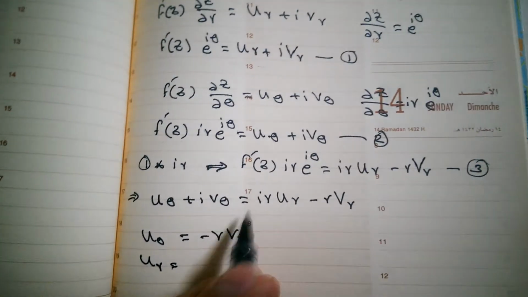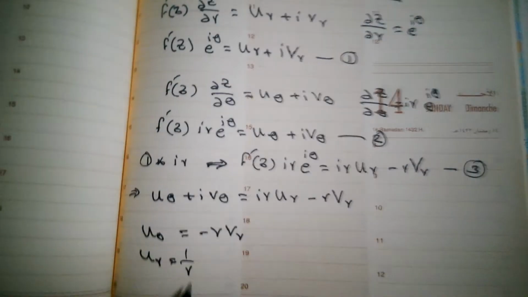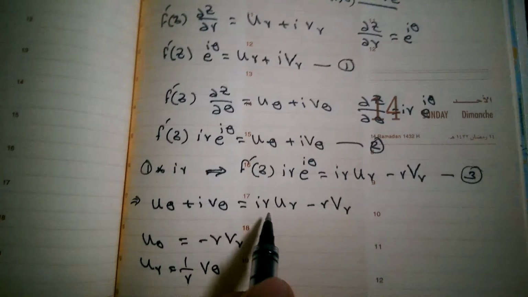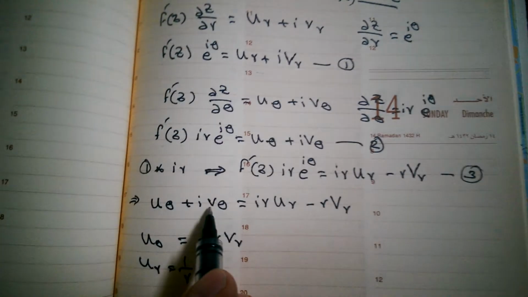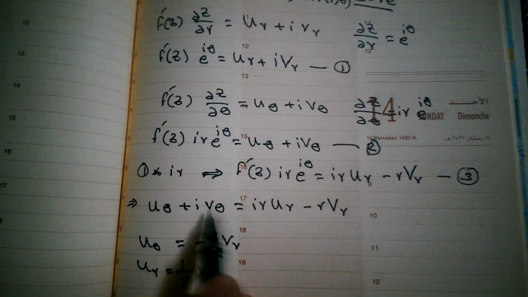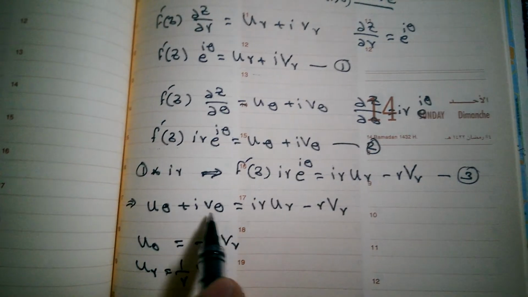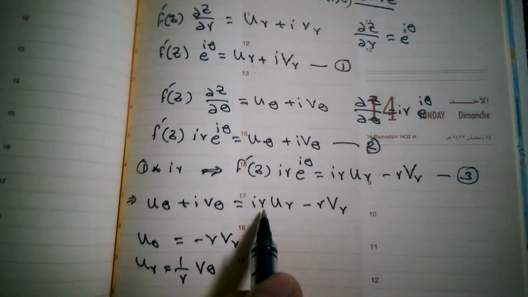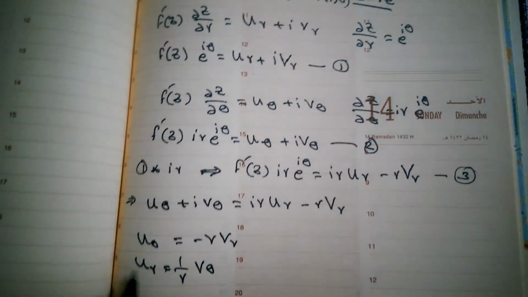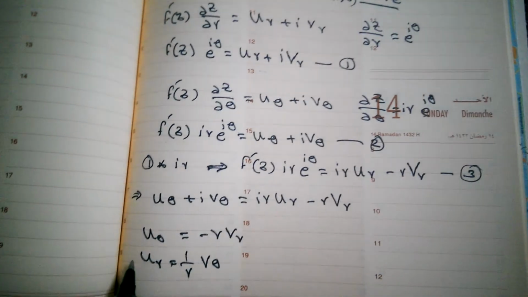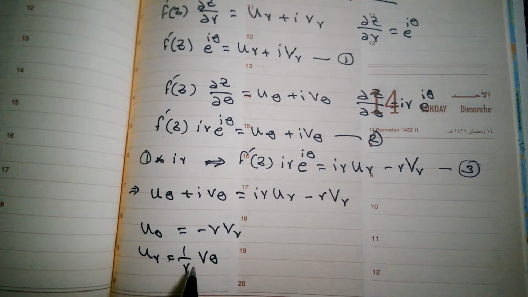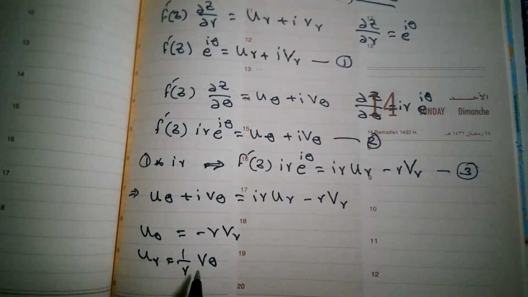We get that it's 1 over r v sub theta, because it has r but it has no r on the other side, which means we multiply by 1 over r. 1 over r times r is 1. That's why we don't write anything here, and we have 1 over r here.